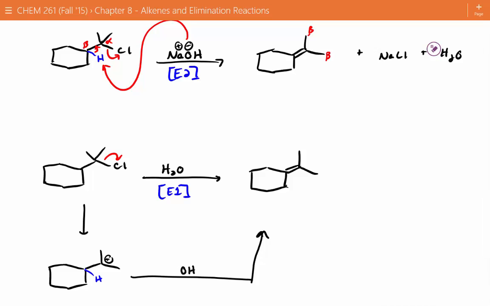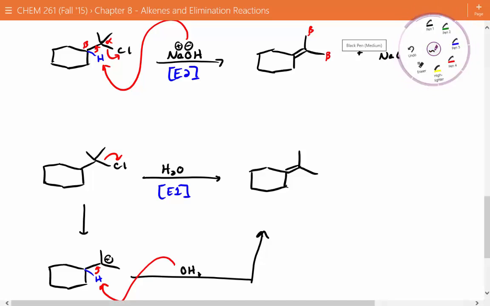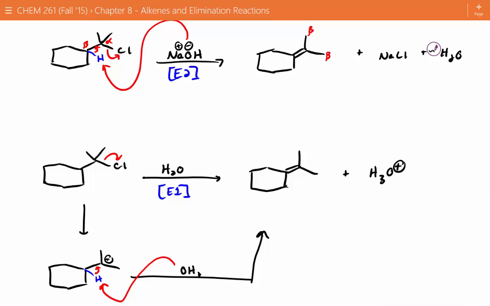And our water can act as a weak base, grab this proton, and we actually end up with hydronium as our product. So again, it's always a good idea to label your alpha and beta protons to make sure that you're not accidentally grabbing a proton that's not a beta proton.